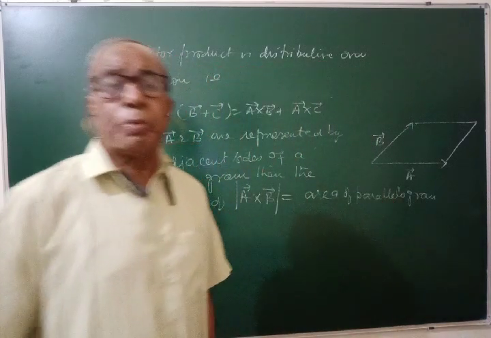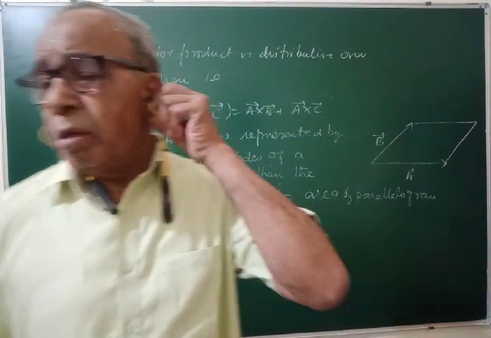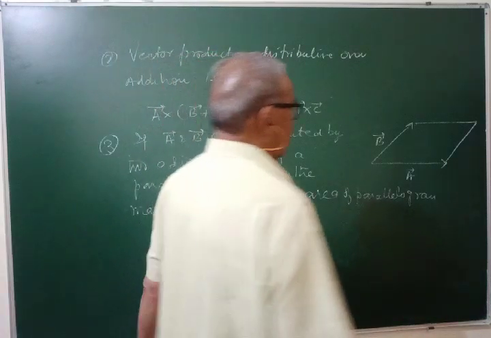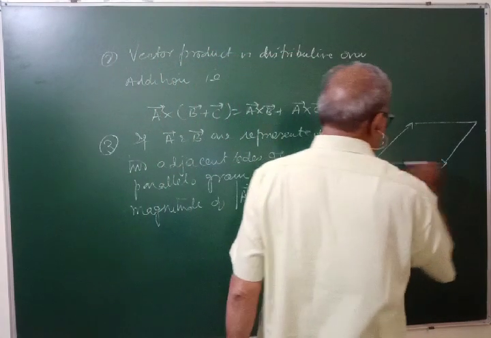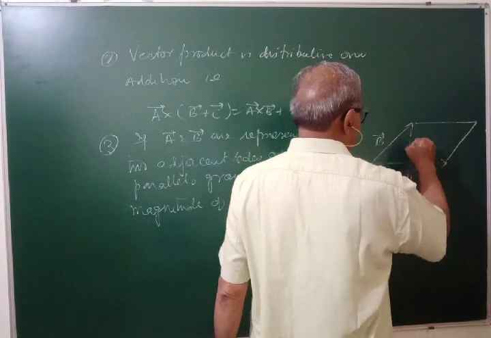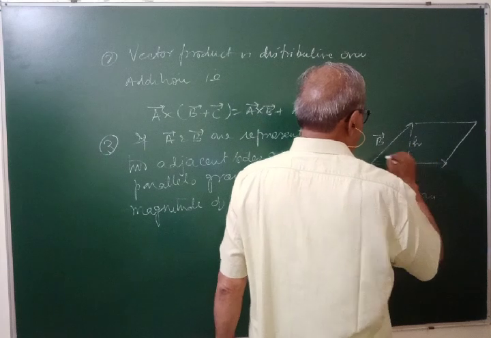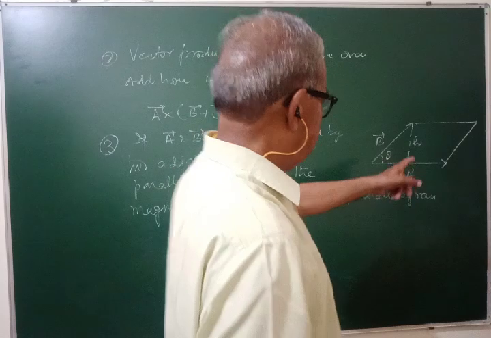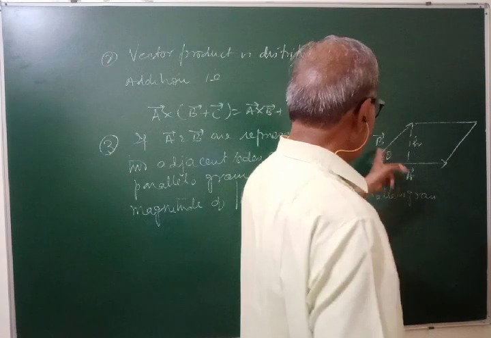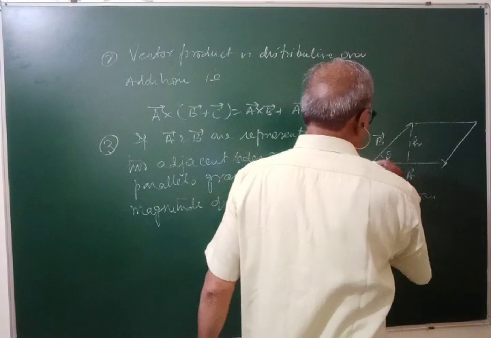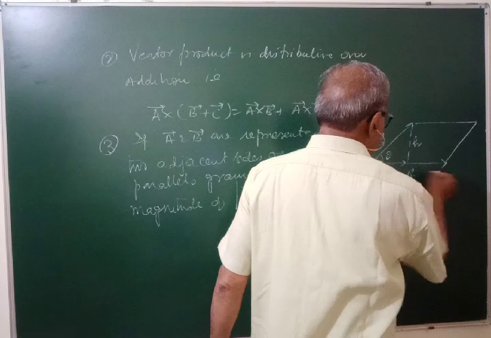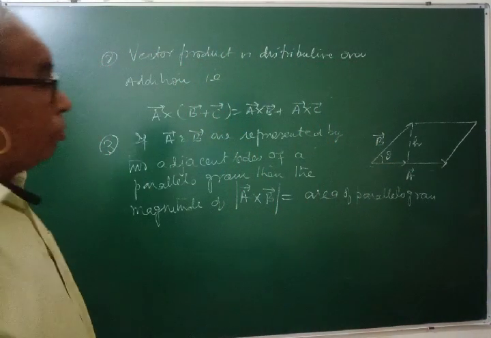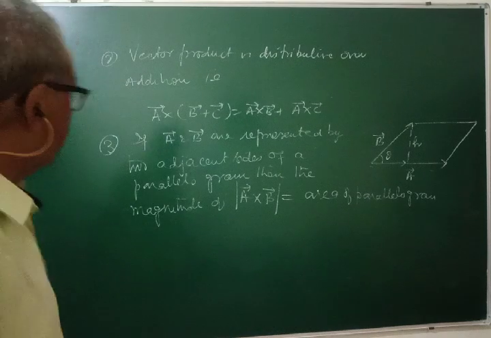You know area of triangle, na? Area of triangle is half base into height, and area of parallelogram is base into height. This will be the height. This is theta. So it is B sin theta into A. So that gives the magnitude of vector product.